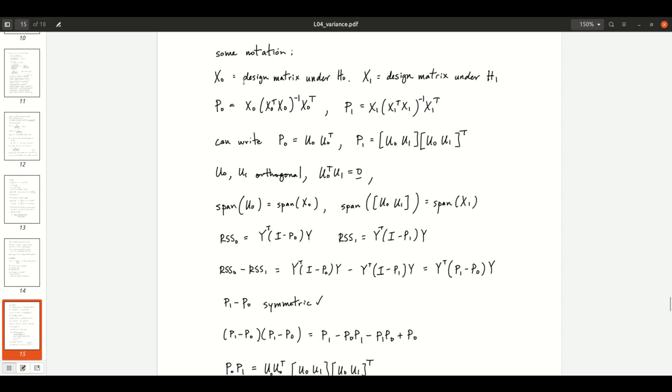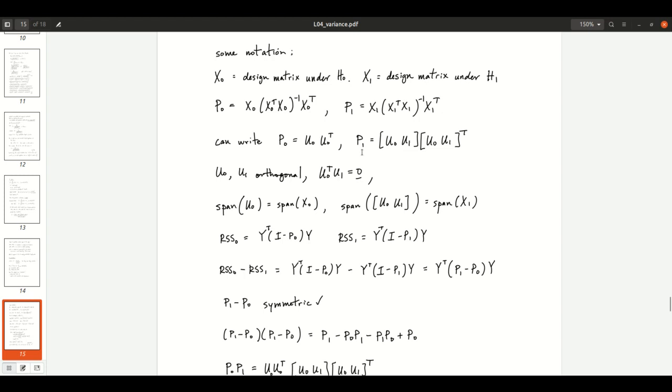Now, for P1, we could do something a little bit interesting here. Because the column space of X0 is a subspace of the column space of X1, we can write P1 with vectors that span the column space of X1, but that contain the same spanning vectors that we used to span X0.